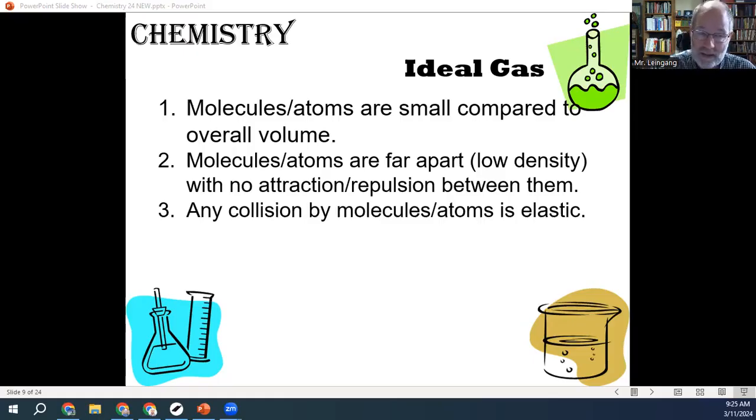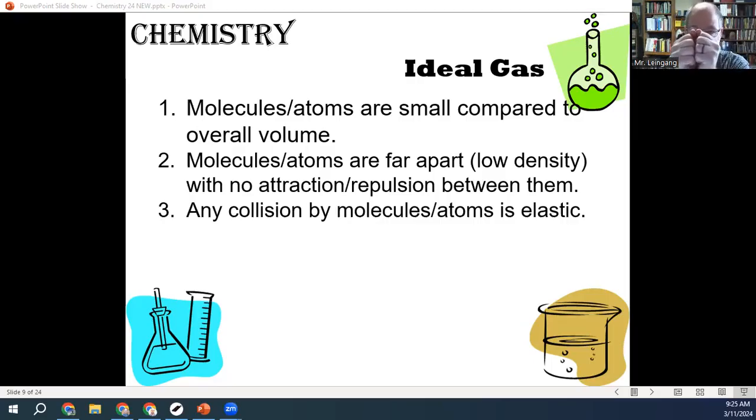So not only does the size of the molecules need to be small compared to the volume, but the molecules need to be far apart. They need to have no attraction between them. And I've maybe done this for you in class: a solid is when you have molecules that are kind of stuck together.